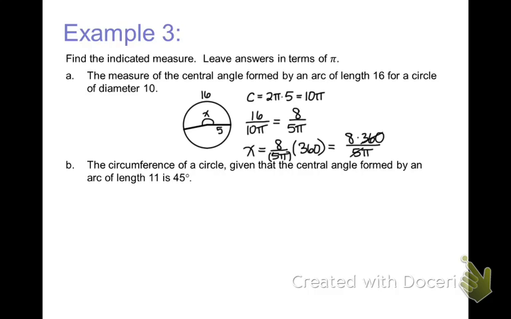But it goes into it 72 times, which means that this is 8 times 72 divided by pi, because I lost the 5 in the denominator. So in terms of pi, this answer is 8 times 72, which is 576 divided by pi.